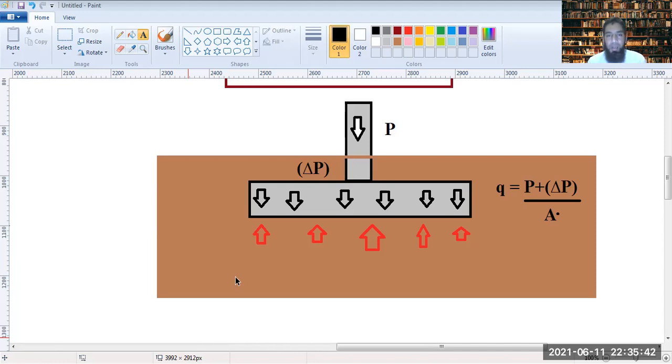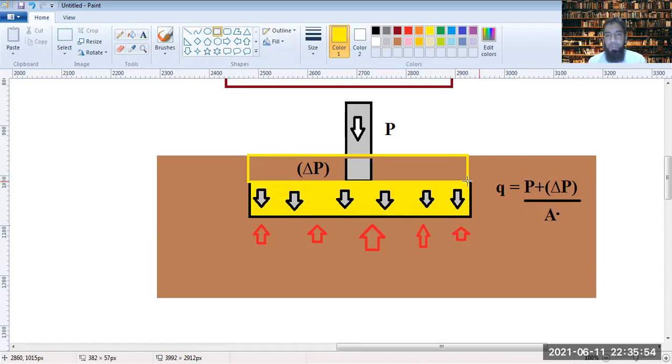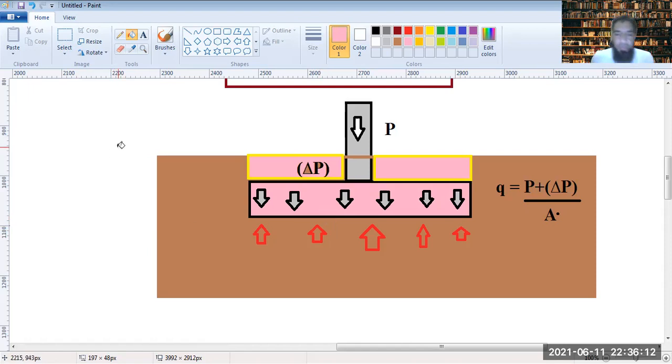So all the load of this portion, plus this portion, and this portion needs to be taken into account, and that makes up delta P. Usually we take it as 10 to 15% of P.